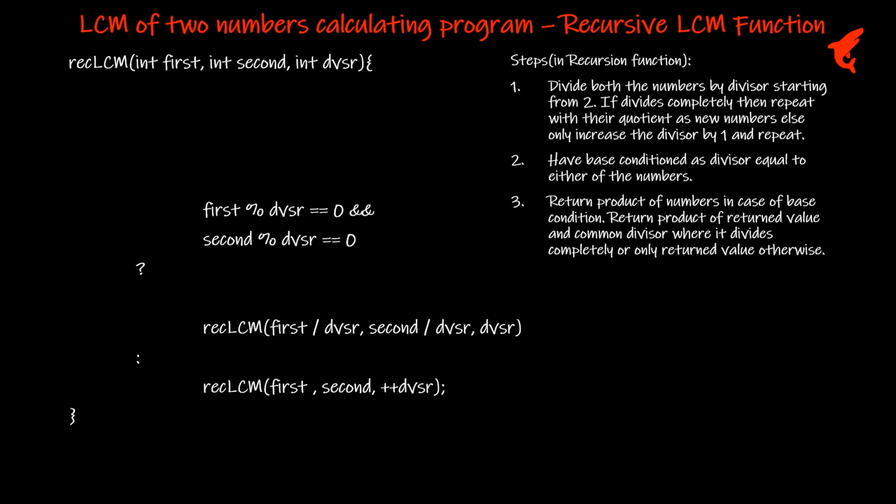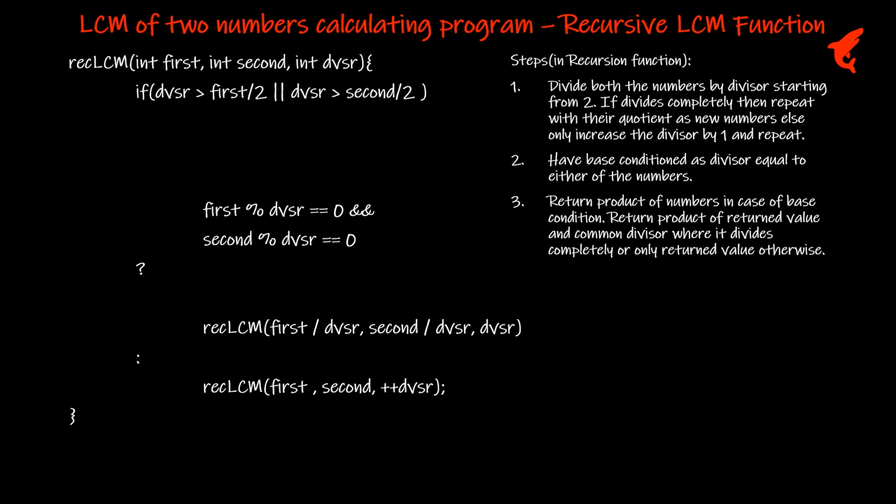Now we also have to have a base condition. So our base condition: if the DVSR value reaches greater than first half or second half, in that case we are going to stop any further function call. Now why half?